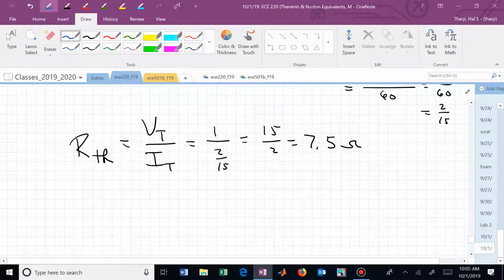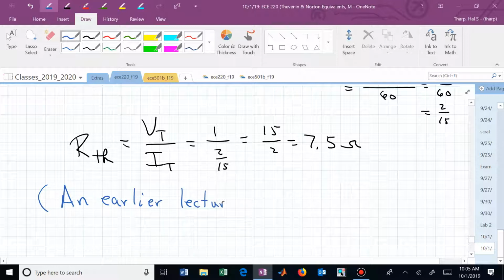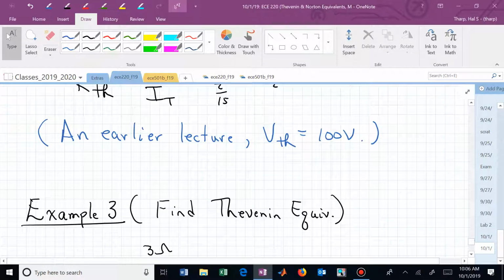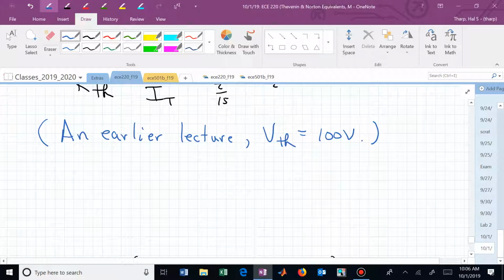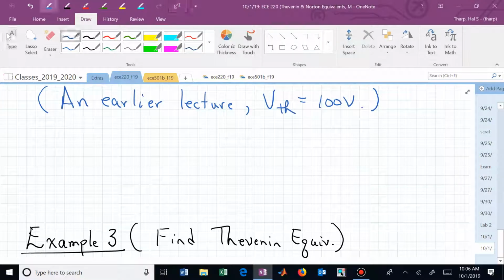And as I said before, the next step in this method 3 is to find either V Thevenin or I short circuit. We've already done that from an earlier lecture. We computed V Thevenin in this to be 100 volts for that circuit. So now we can actually sketch our Thevenin equivalent.